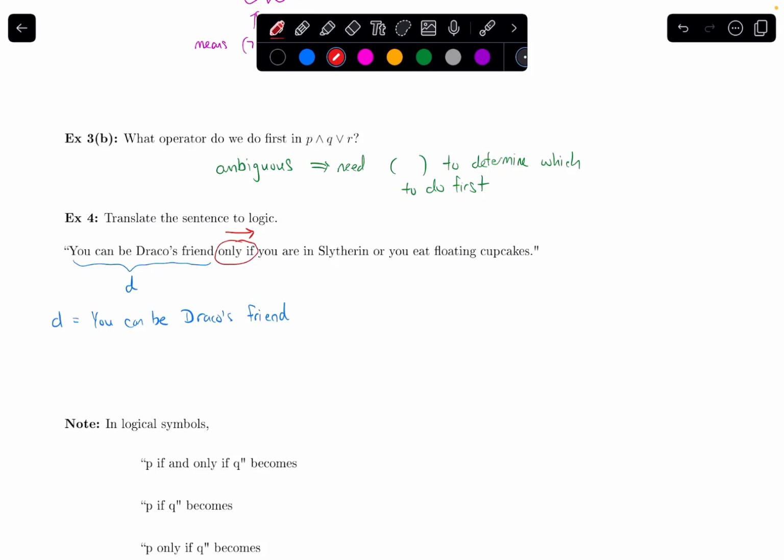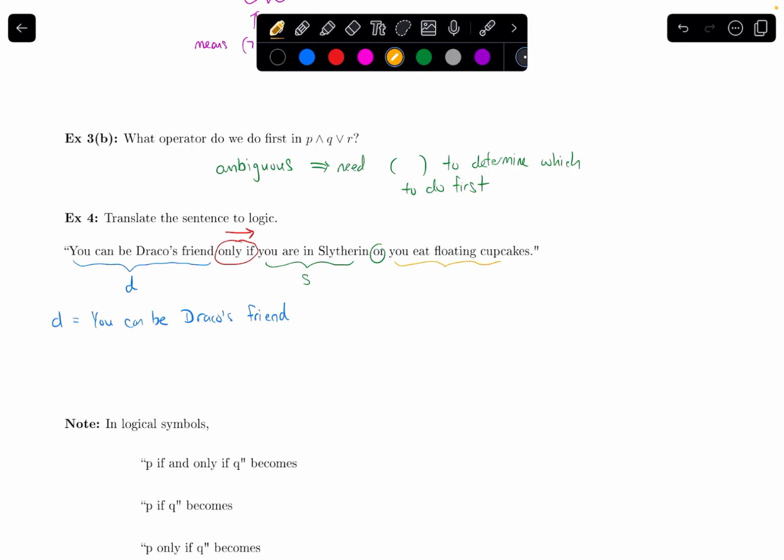And then what comes after that is I see a couple of other building block propositions. There is "you are in Slytherin". I'm going to call that S. And then I see another connecting word, "or". And then after that, I see "you eat floating cupcakes".